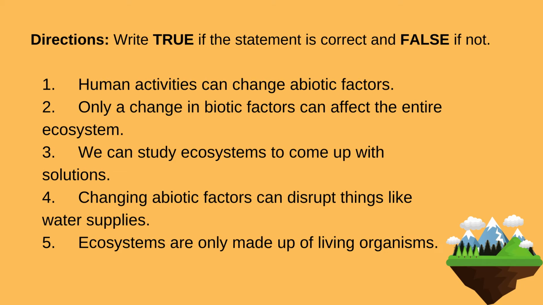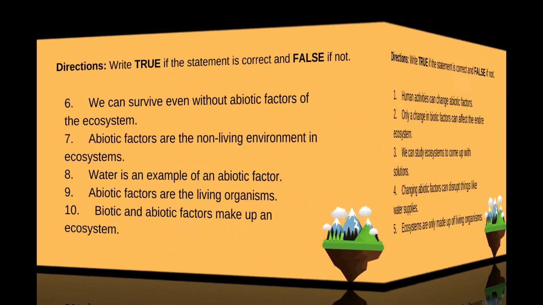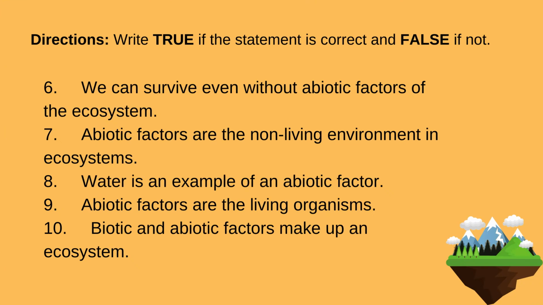Number 4. Changing abiotic factors can disrupt things like water supplies. Number 5. Ecosystems are only made up of living organisms. Number 6. We can survive even without abiotic factors of the ecosystem.